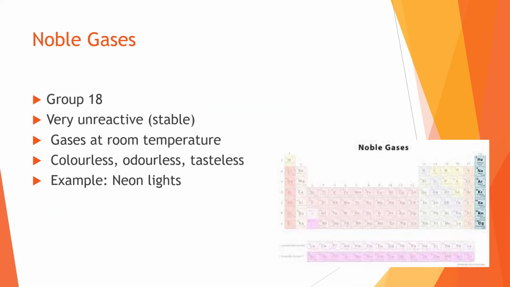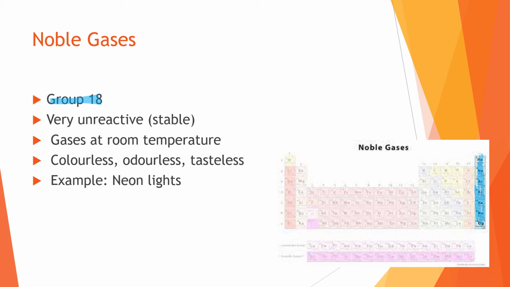Lastly, we have the noble gases. So that's these guys. In this last column here, this last group, 18, they are very unreactive. So noble gases, their valence shell is always full. So we learned in Rutherford diagrams that the valence shell is the last orbit that contains the valence electrons.